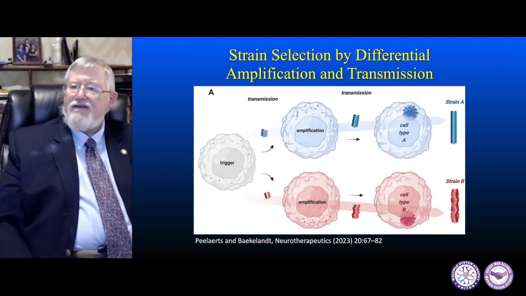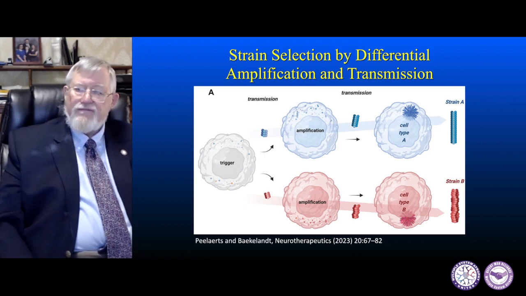So the question is, how do you end up with one particular strain of alpha-synuclein aggregate that's causing the disease in question? And the aggregation has to be triggered somewhere.